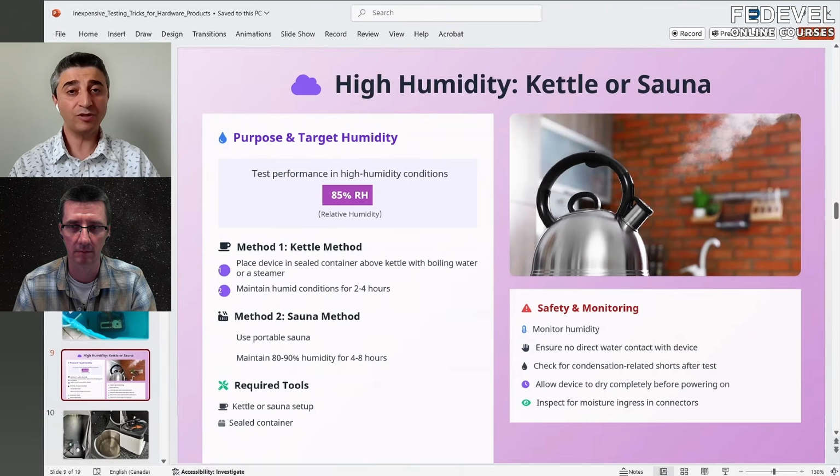If you have a design with a real-time clock or sensitive components that might drift with humidity, you want to make sure that the accuracy, tolerance, or precision of your measurement is not impacted a lot. Or if you want to compensate for the humidity in your firmware, then this is the way. Usually we do this in a test chamber, a climatic chamber.